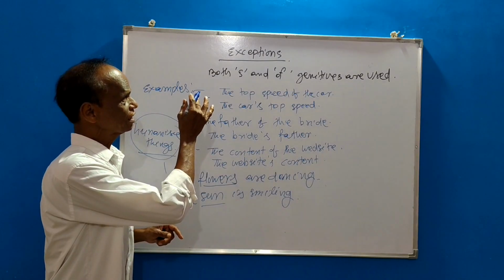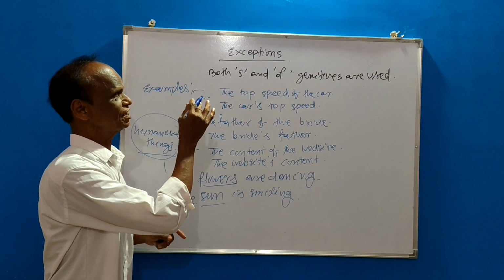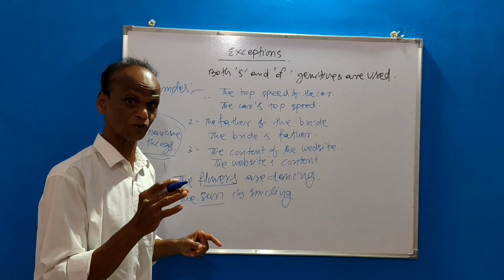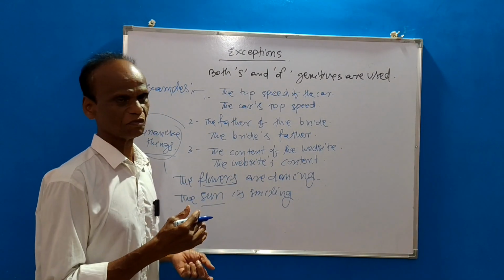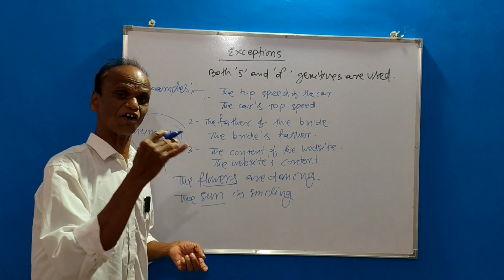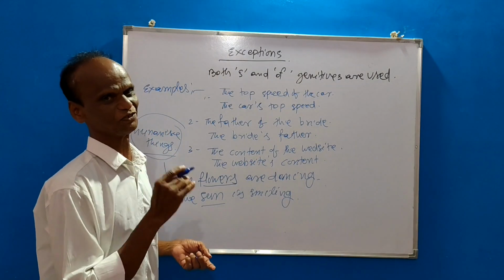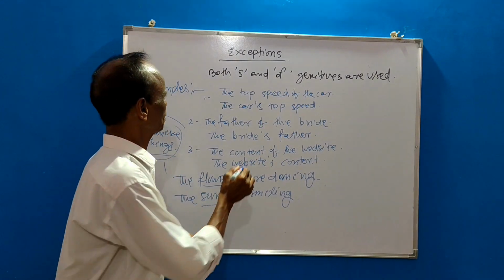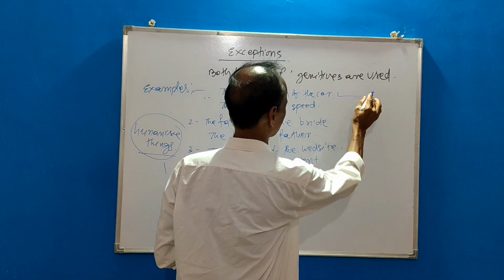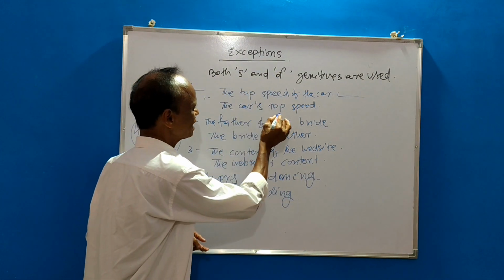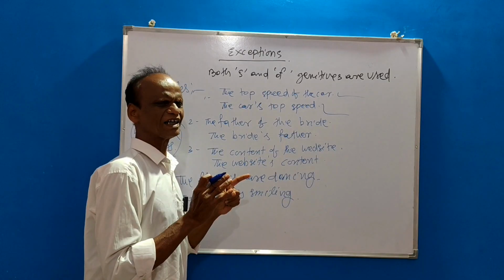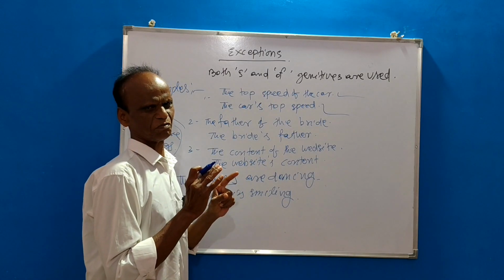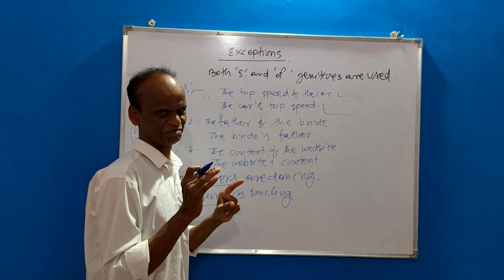So where S genitive or of genitive refers to humanized things, at that time both S and of genitives are used. For example, the top speed of the car, correct? The car's top speed, correct? It is mainly used for advertising.